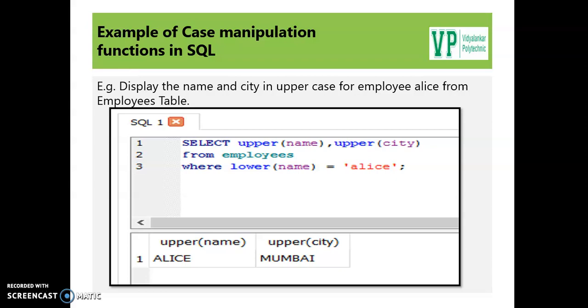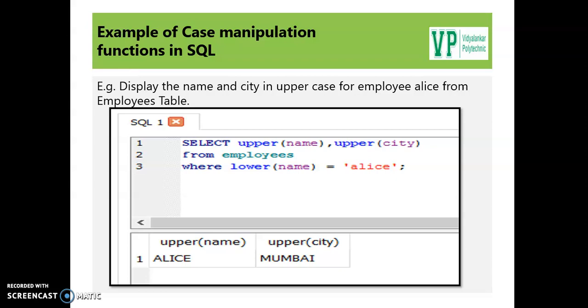So Alice is in small case. We have applied the lower function on the name column in the where condition because we are not aware in what format Alice is stored. So just for matching, we have converted name to lowercase in the where condition.